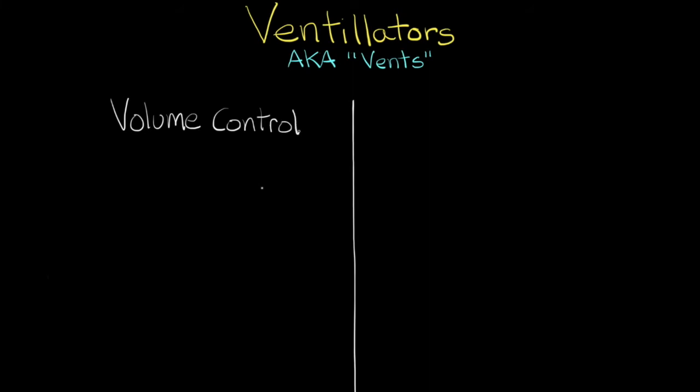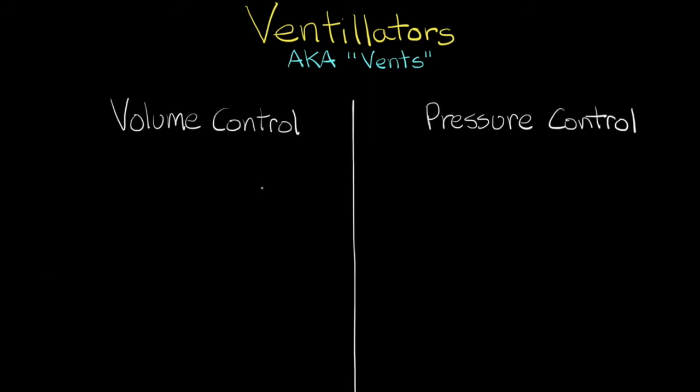And the second category is what we call pressure control. With these two categories, it lumps together common modes in terms of the thing that the ventilator is focusing on when it comes to delivering breaths to your patient.